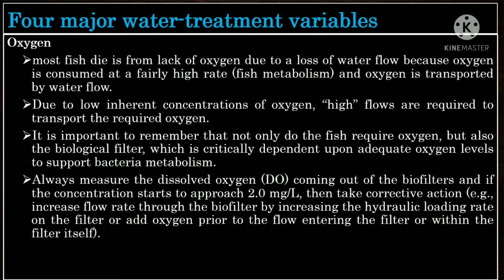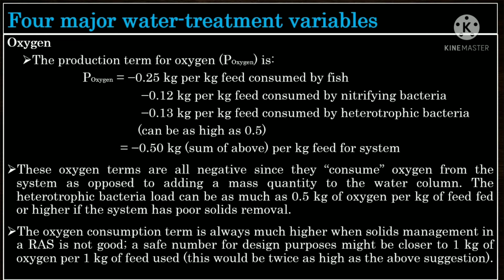So always measure the DO coming out of the biofilters, and if the concentration starts to approach 2.0 mg per liter, then take corrective action. For example, increase the flow rate through the biofilter by increasing the hydraulic loading rate on the filter, or add oxygen prior to the flow entering the filter or within the filter itself.